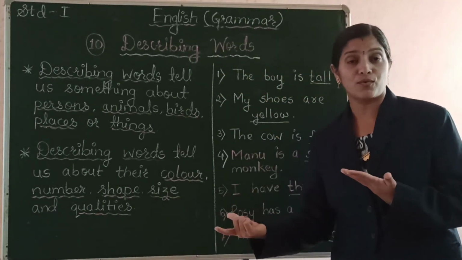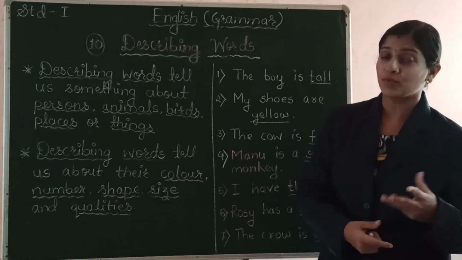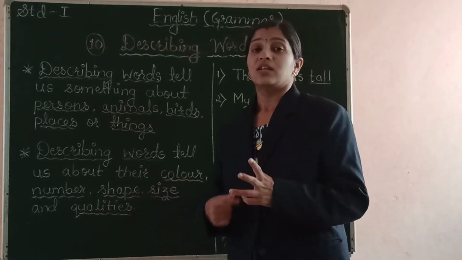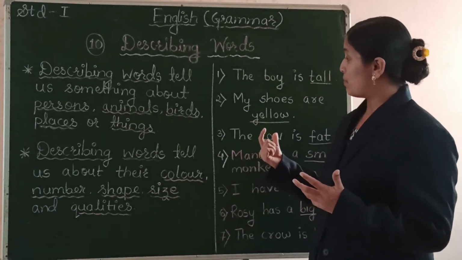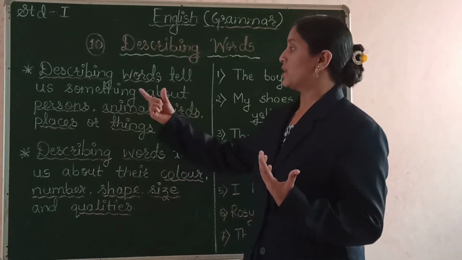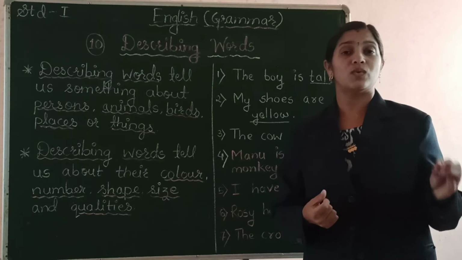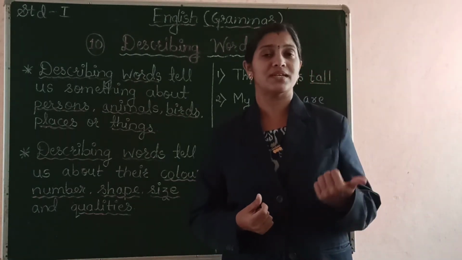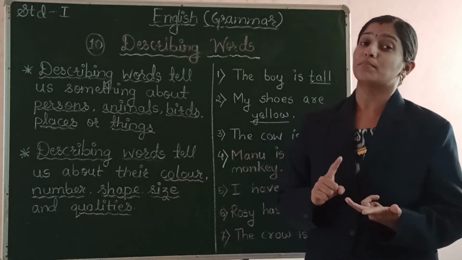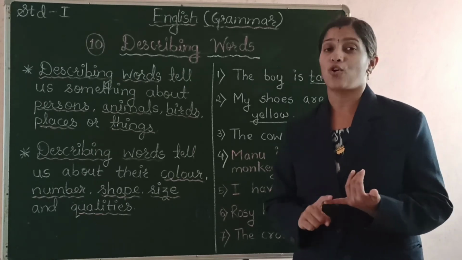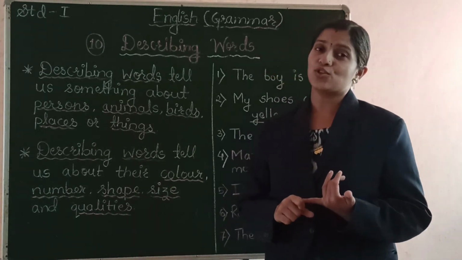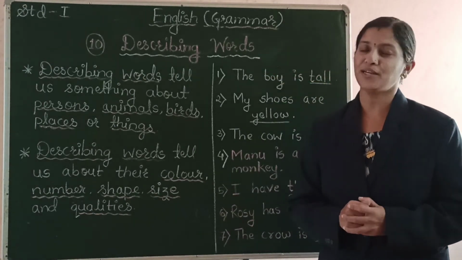Whether it is beautiful, whether it is ugly. All these words, they tell us about the person, animal, bird, place or thing. So the word that describes the person, the animal, bird, place or any object is called as a describing word.